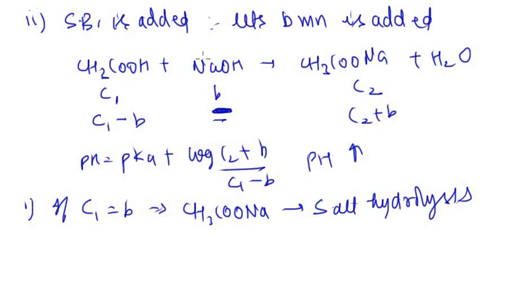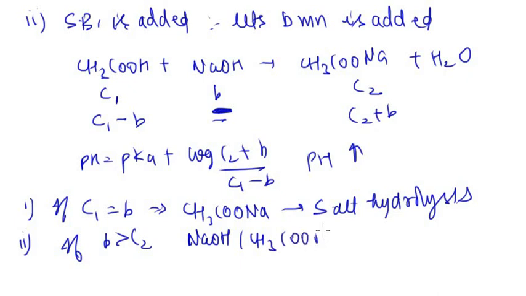This is applicable only for strong base, not in the case of acid. If B is greater than C1, so it is NaOH and CH3COONa. So we have added NaOH, and now the NaOH will remain in excess. So it will simply be the case of a strong base.